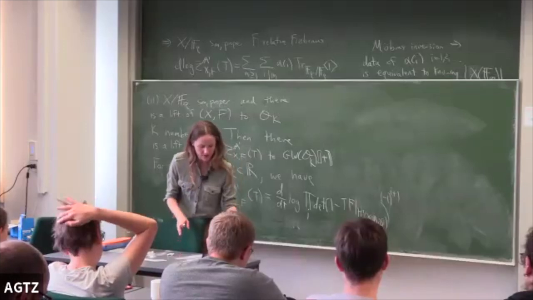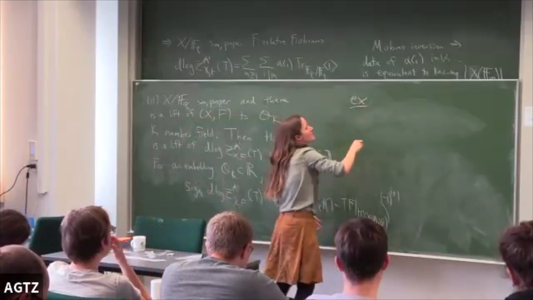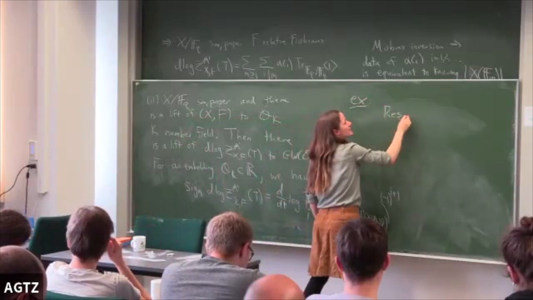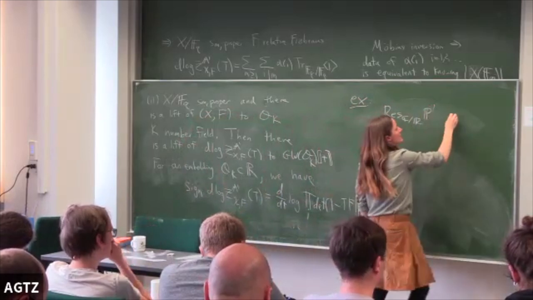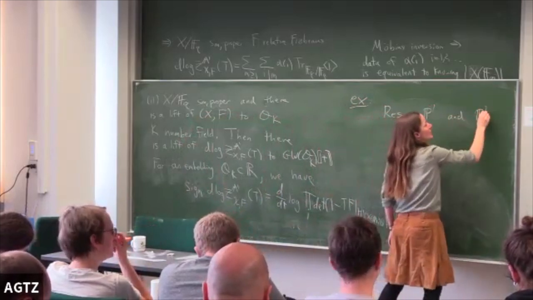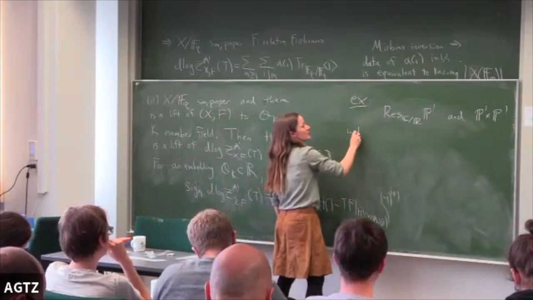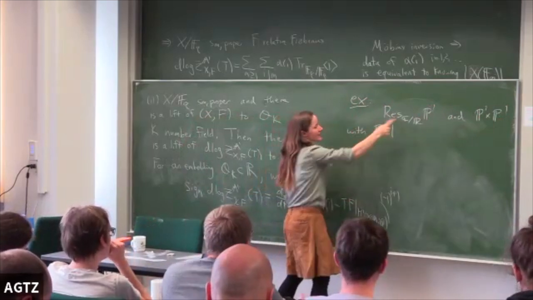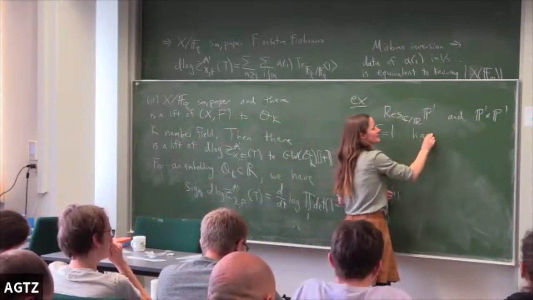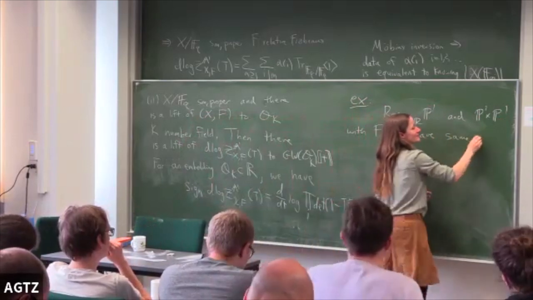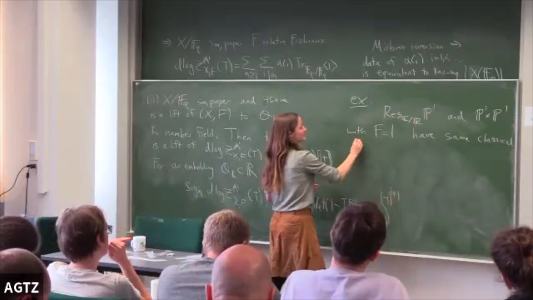Okay. So for an example, the restriction of scalars from C to R of P1 and P1 cross P1 with the identity function being the identity function in each of these cases have the same classical zeta functions.